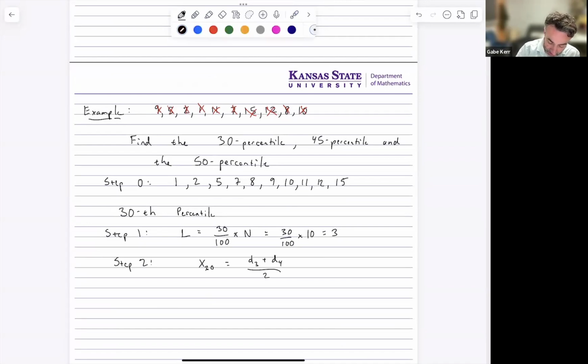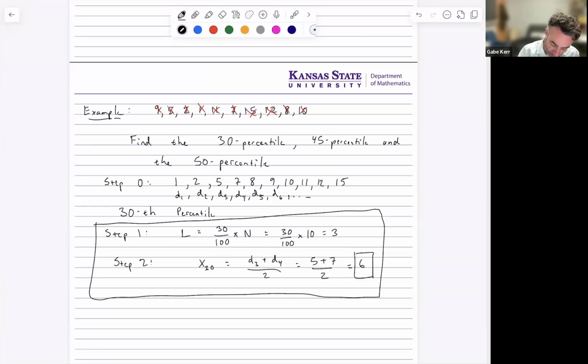Well, this is d1, d2, d3, d4, d5. I'll write a few more, d6. Okay, that's all I'm going to write. So d3 is 5, and d4 is 7. So I have 5 plus 7 over 2, which is 12 over 2, which is 6. So my answer here is 6. That was the 30th percentile case.